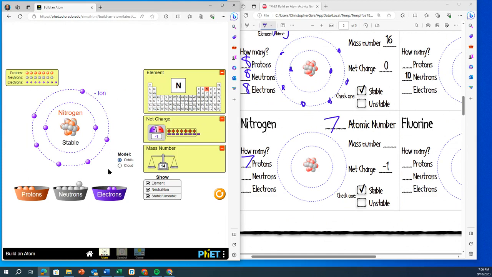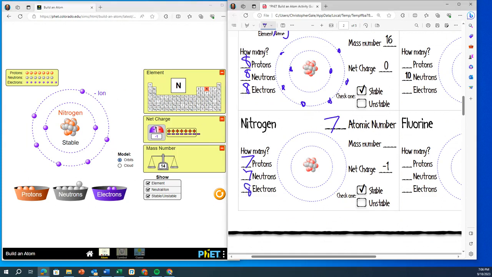You can see from this chart, 7, 7, and 8. So I'm going to put 2 here, and then 1, 2, 3, 4, 5, 6. We got 6 and 2 is 8. All right.